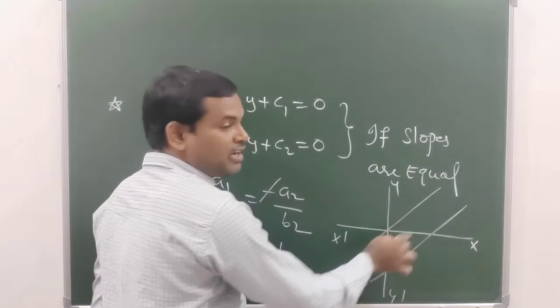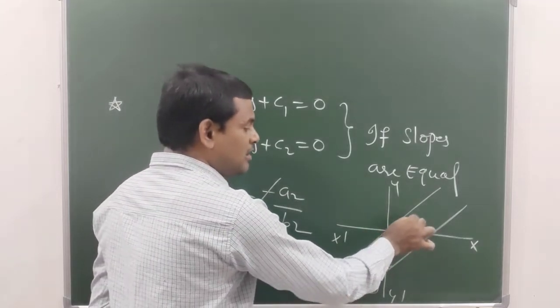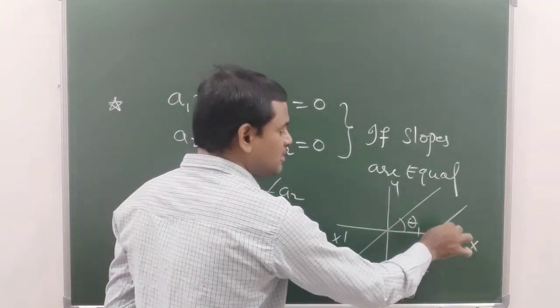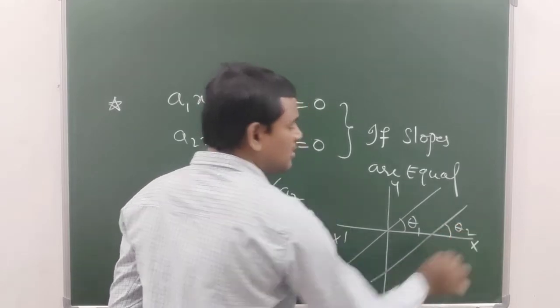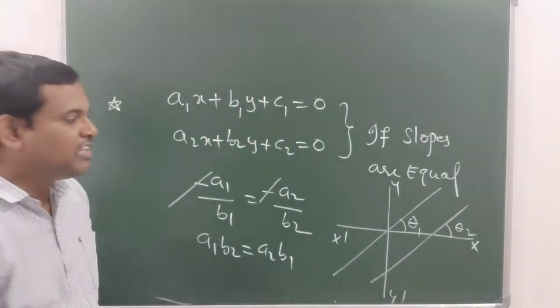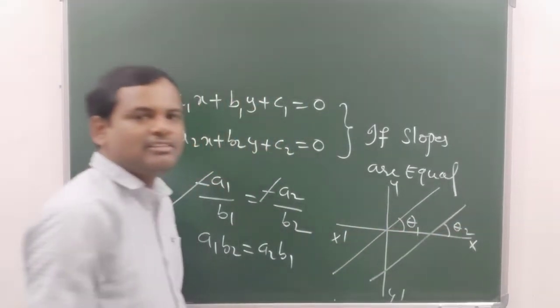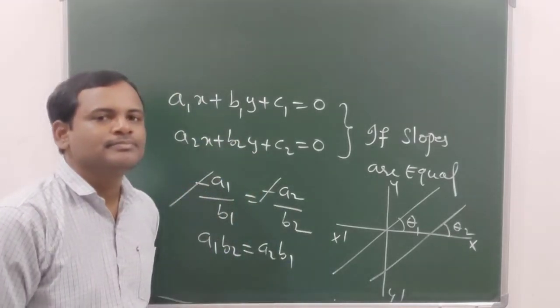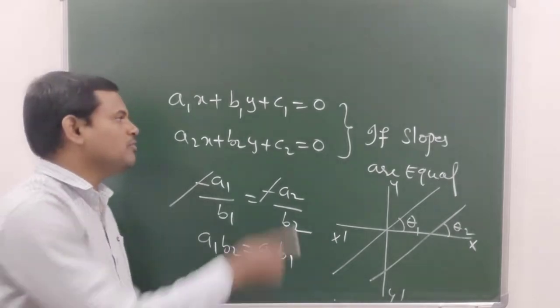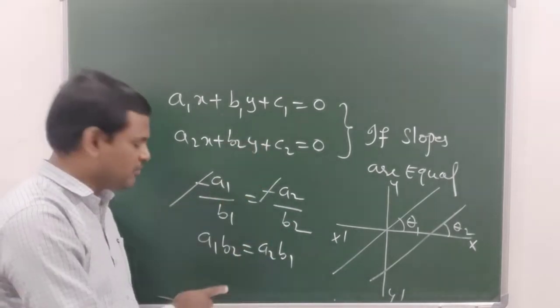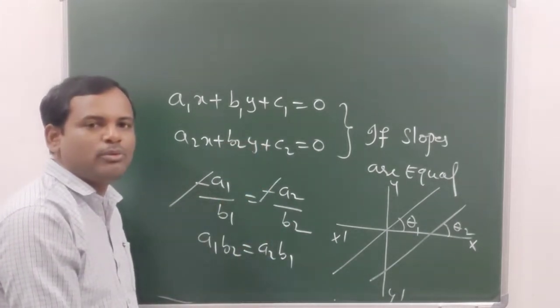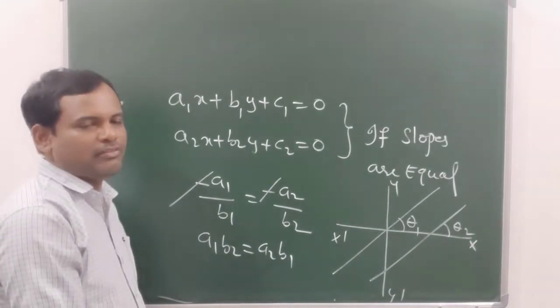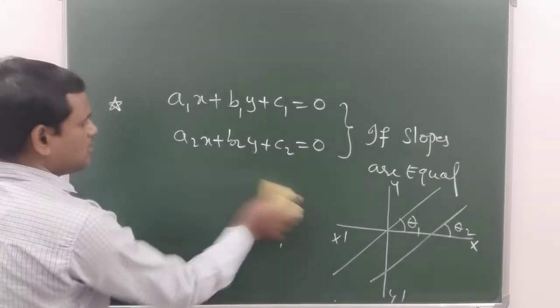So when these two are equal, whenever they make equal angles with x-axis, if their inclinations are equal, then their slopes will be equal. Observe that point. Okay. So if these two lines slopes are equal, then we get this condition a1 b2 is equal to a2 b1.